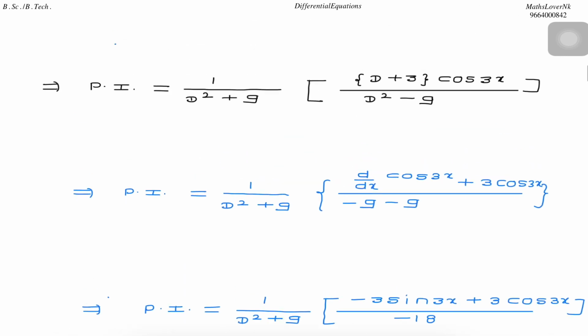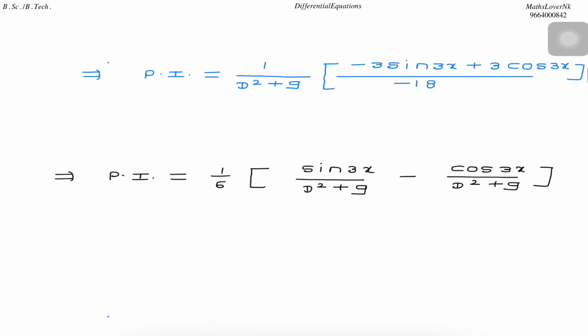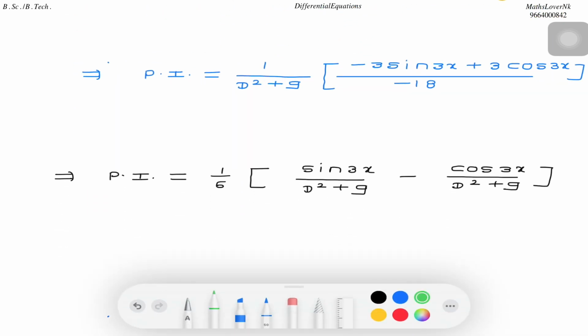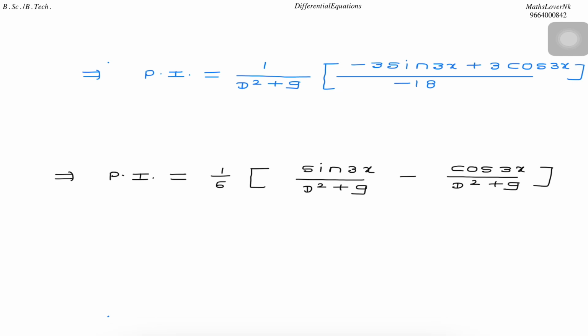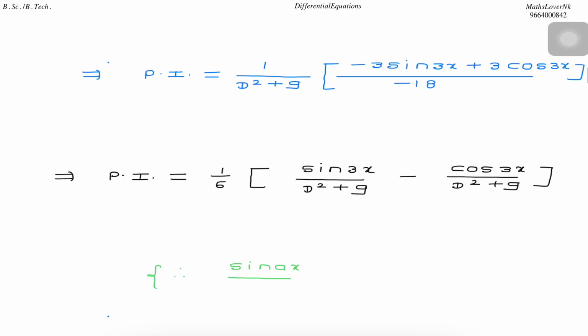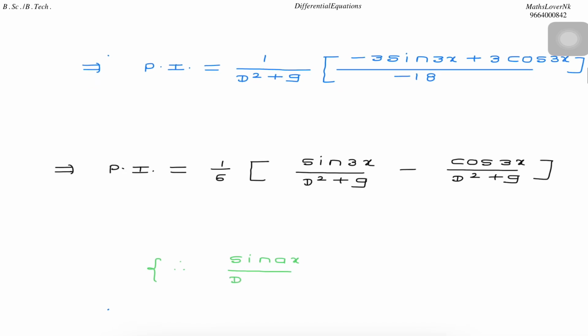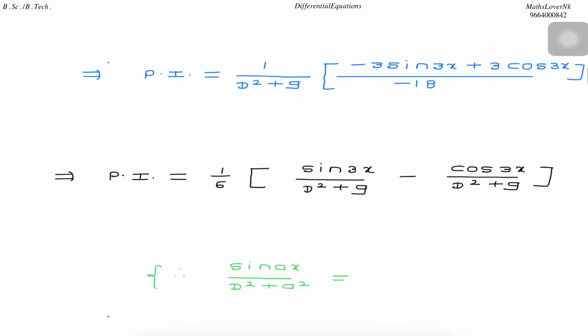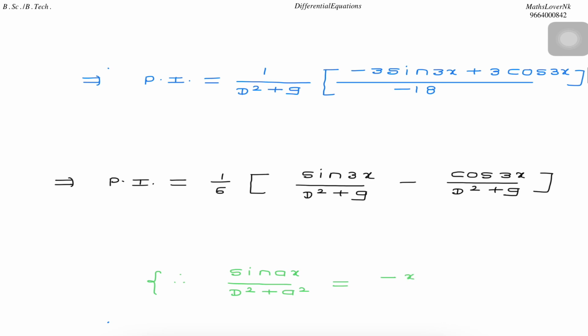Now again apply the identity. It says that if sin ax upon d square plus a square is given, then the solution is minus x upon 2a cos ax.